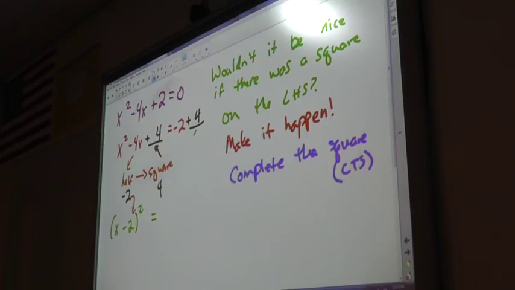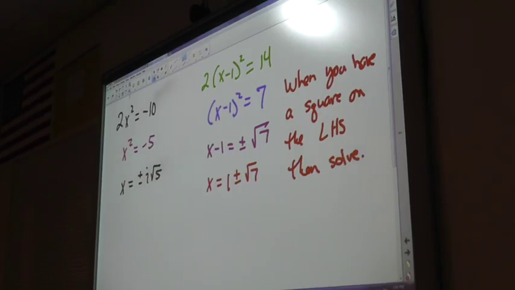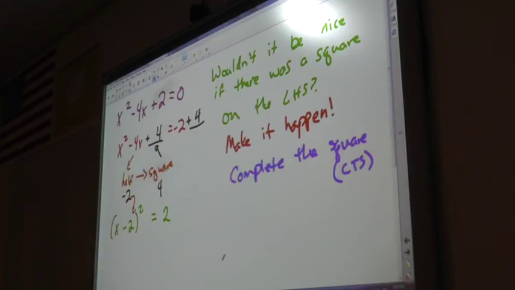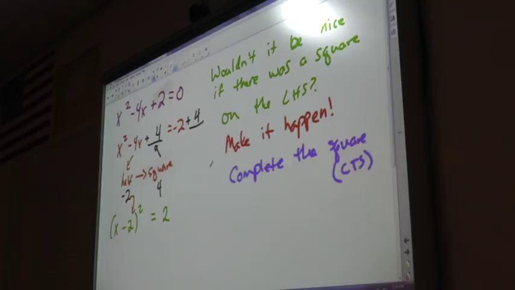Now here's the hard part. Get out your calculators. 4 minus 2. You guys got it? You guys still typing it in? Is it still computing? 2, right? Now what did we say over here? When you have a square on the left-hand side, then solve. Do we have a square on the left-hand side? Yes. Can we solve it? Yes.